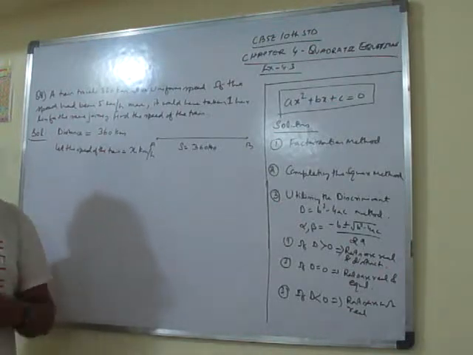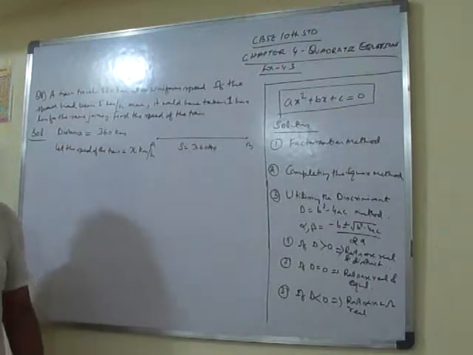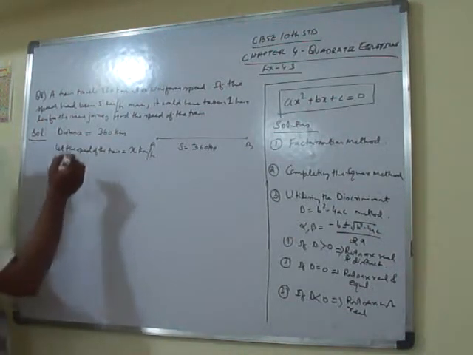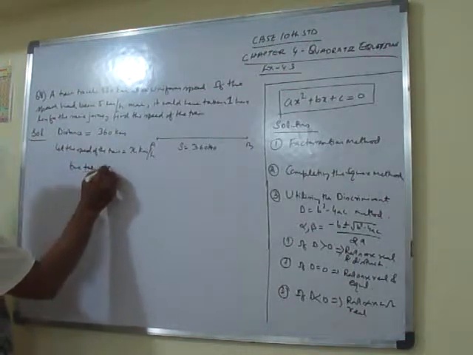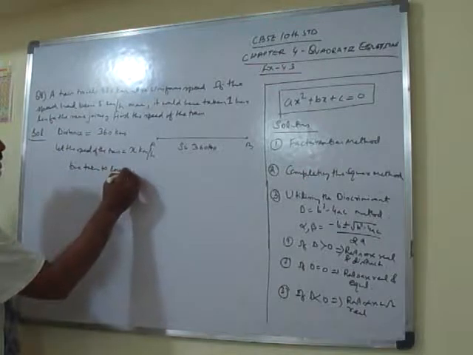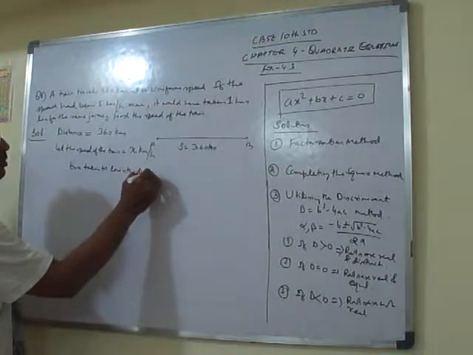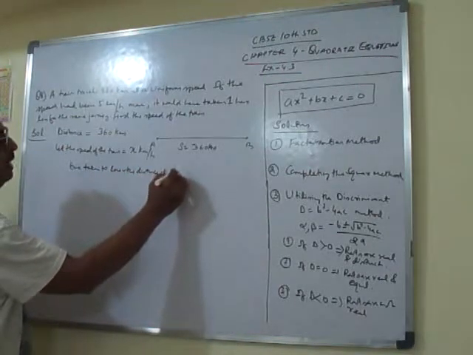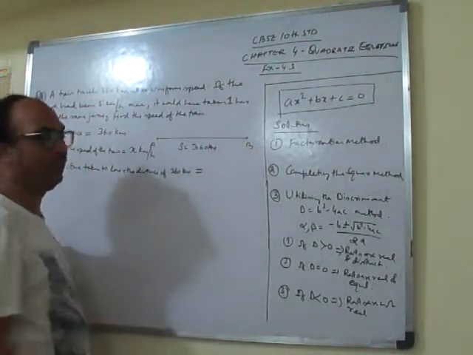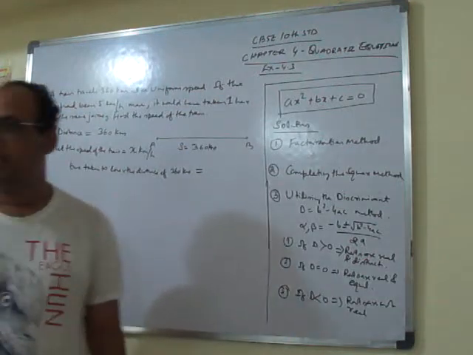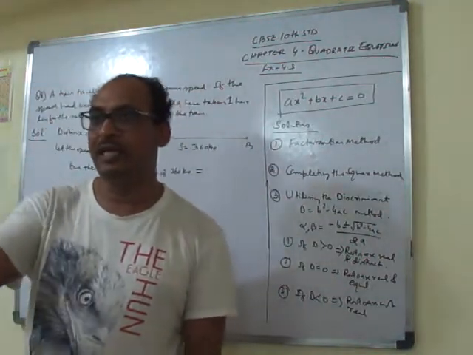It means it has taken some time. So the time taken to cover the distance of 360 kilometers: we are going to utilize the formula speed is equal to distance by time.